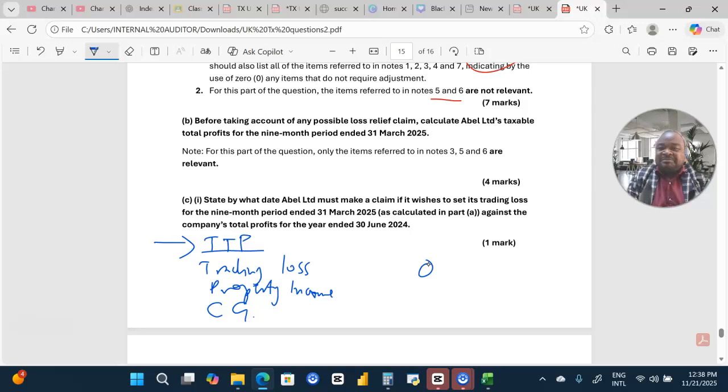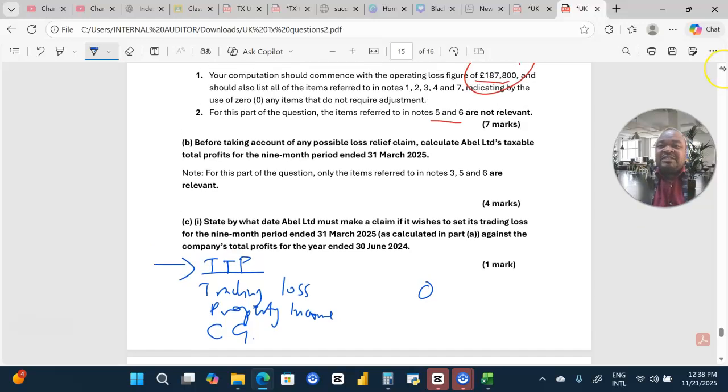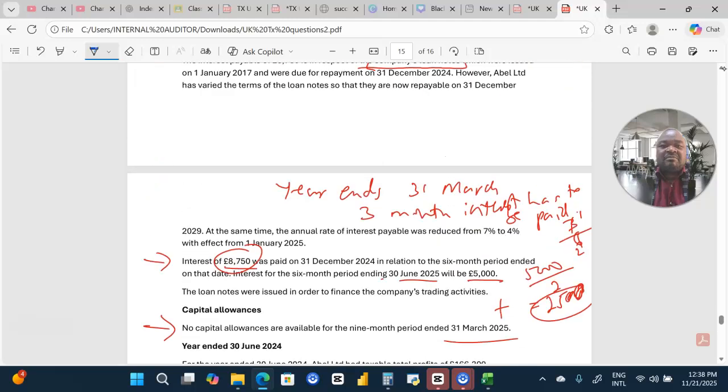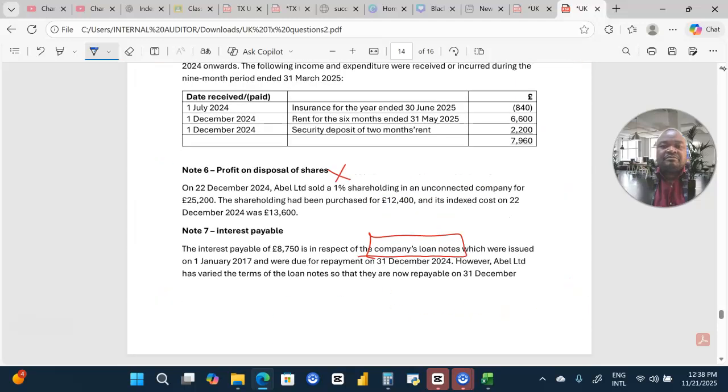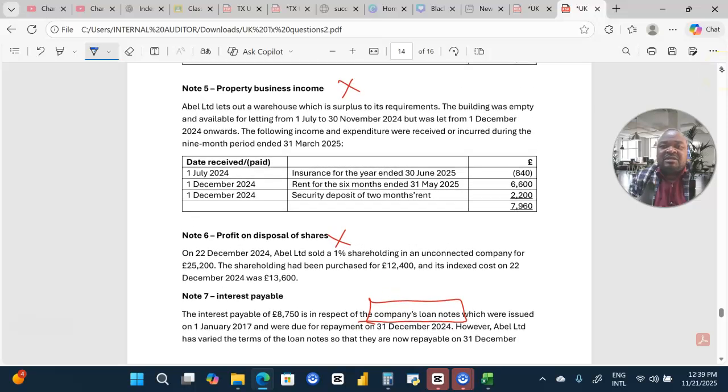Now, when it comes to property income, do we have any information relating to property income? Yeah, I think I saw something. Abel Limited lets out a warehouse which is surplus to its requirements.